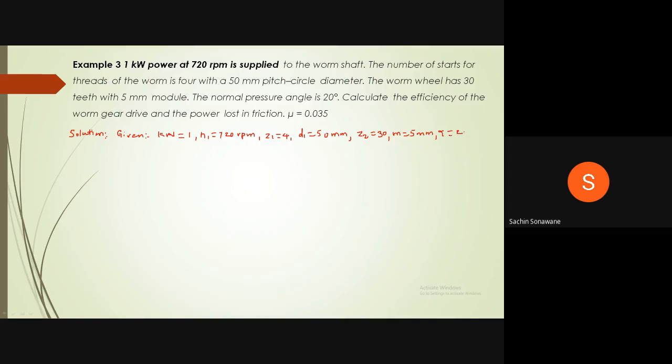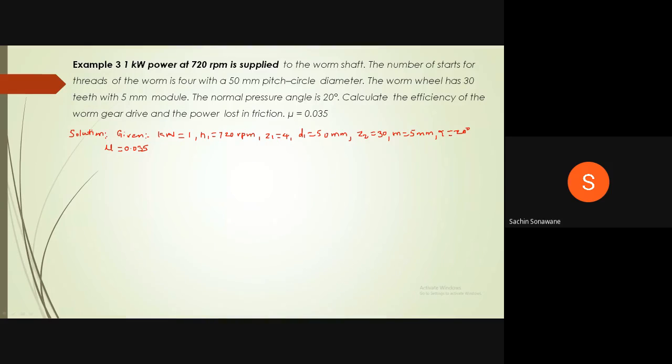Alpha is equal to 20 degree. And coefficient of friction mu is equal to 0.035. Therefore, we have to find out power lost in friction and also we have to determine efficiency.